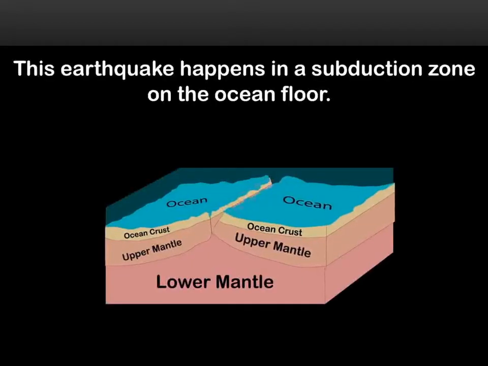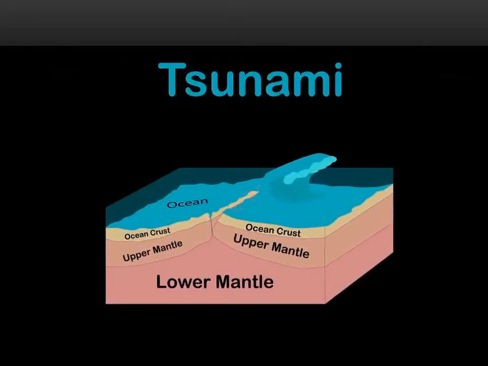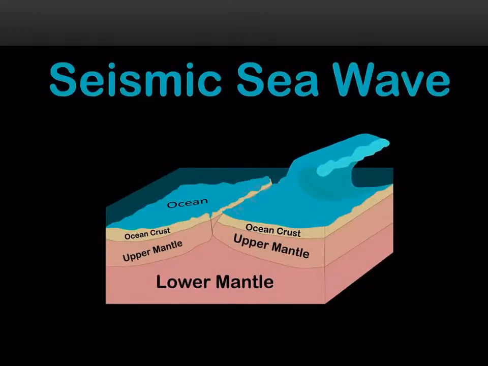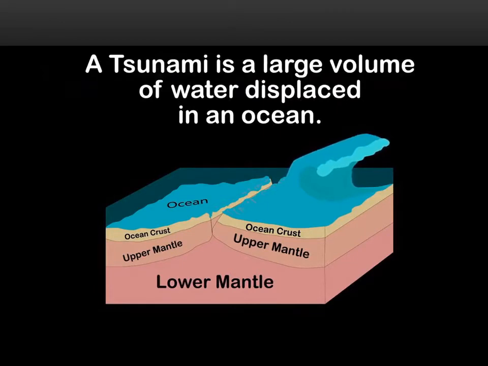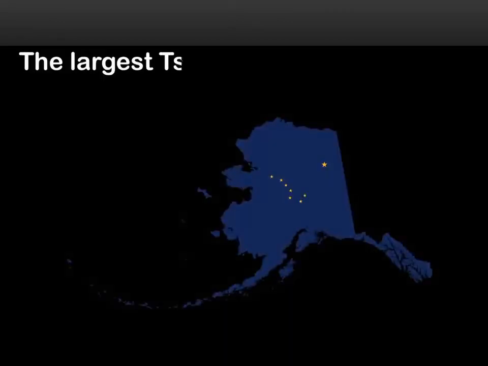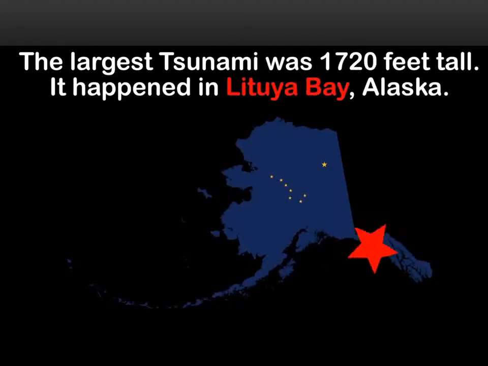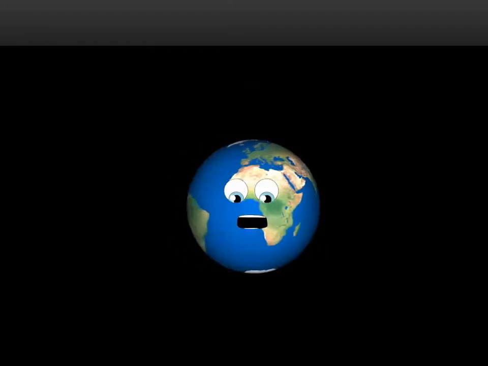When a quake in a subduction zone happens on the ocean floor, it can create a tsunami or tidal wave. Let's learn some more. A tsunami, also called a seismic sea wave, is a large volume of water displaced in an ocean or large lake. The largest tsunami that was ever recorded was 1,720 feet tall in Alaska. That's enormous.